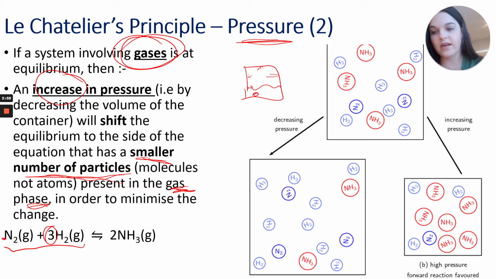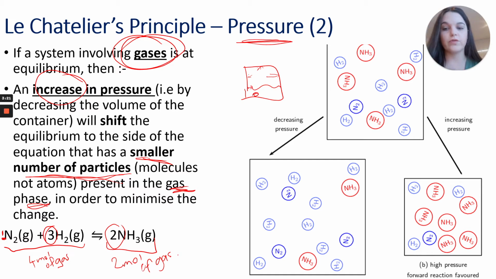Nothing in front of that nitrogen means that it's 1. So I've got 4 moles of gas on this side, of gas only. So really important with pressure, we're always referring to the fact it's of gas. On this side, I've only got 2 moles of gas. Okay, so which side produces the most moles of gas? Well, the reactant side in this case.